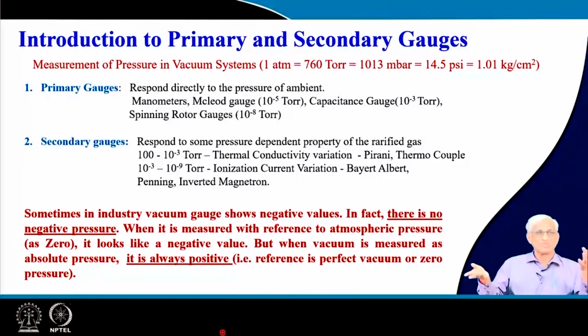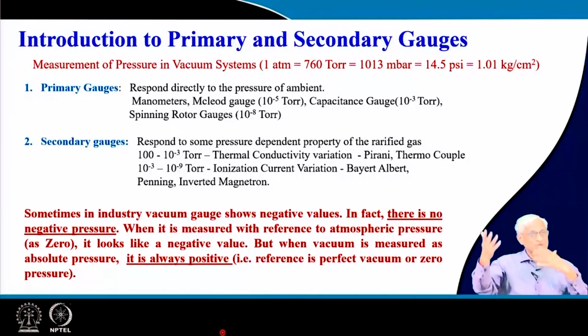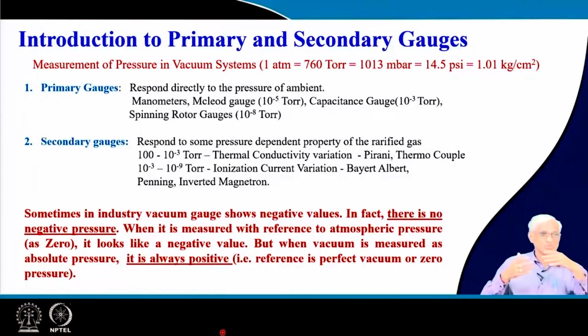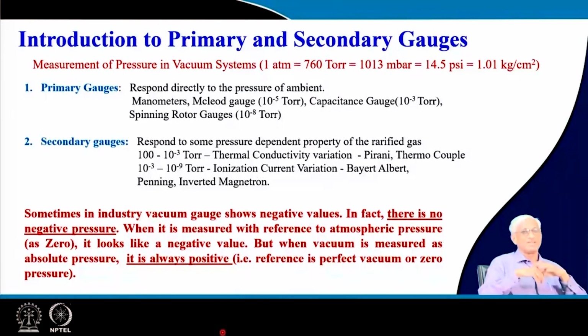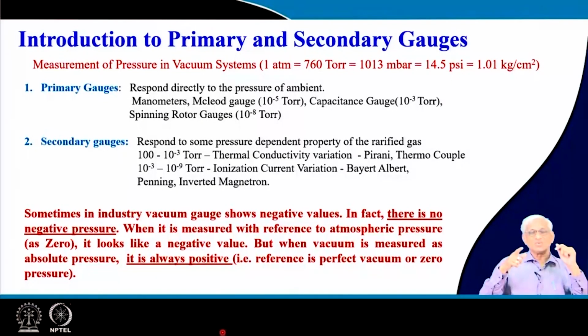We are used to it in thermodynamics, etc., because we use it to make several calculations in isenthalpic and isentropic processes and all. That T has to be there in SI systems, etc. Otherwise, centigrade is a very useful, very friendly thing, but still we will have to use Kelvin. Whereas in vacuum, those industries which are working in electronics, at 10 power minus 7 or minus 8, are fully aware we are measuring absolute pressure. But with some process gases where now and then they make negative readings, we should be very careful, but there is no negative. Okay.